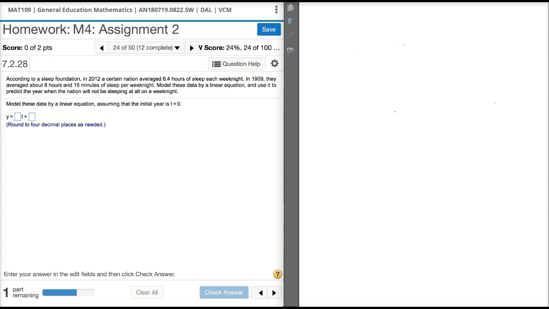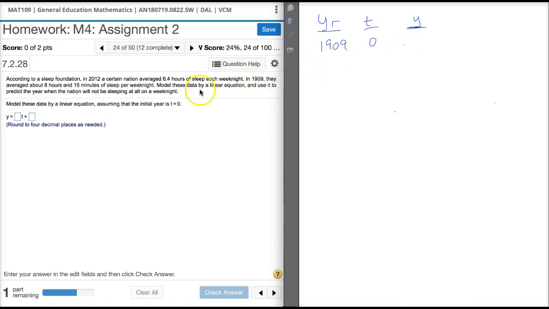Let's take care of first things first. We want to model these data by a linear equation, assuming that the initial year is t equals 0. The initial year, the year that's furthest back, is 1909. So in terms of t, 1909 is t equals 0, and y represents the amount of sleep they got on the weekend.